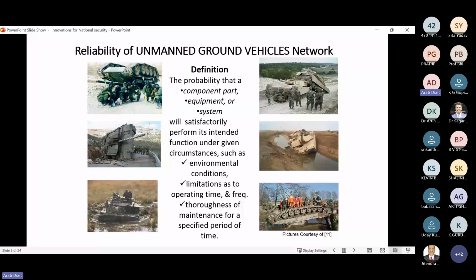They were trying to start a new unit called the Unmanned Ground Vehicles Group, and they were trying to solve some problems. The problem statement was, we have personnel moving from one place to another, especially during the Iraq war, and we face a lot of human casualties in this process.